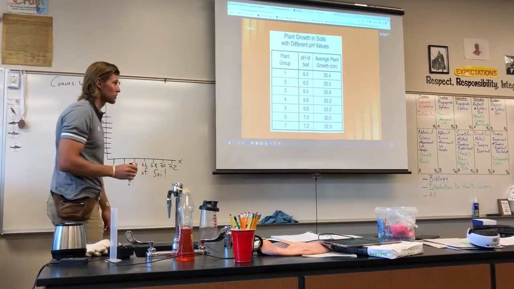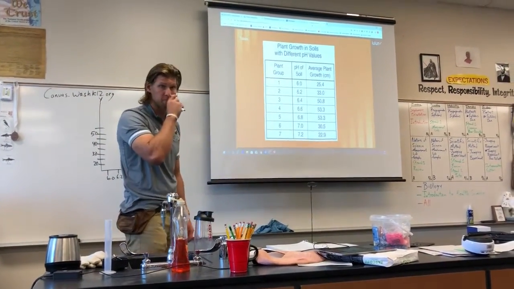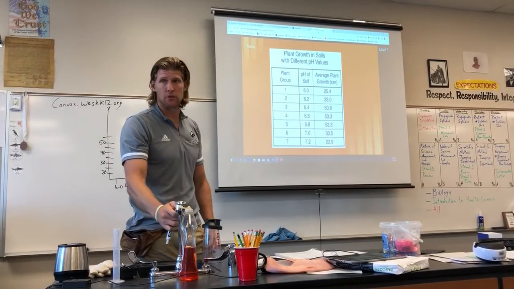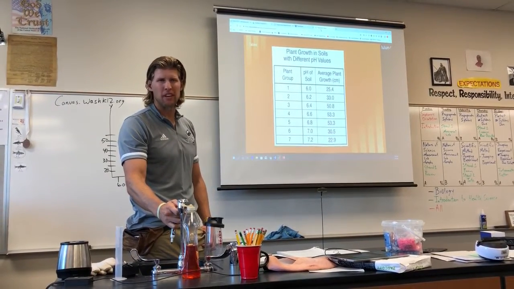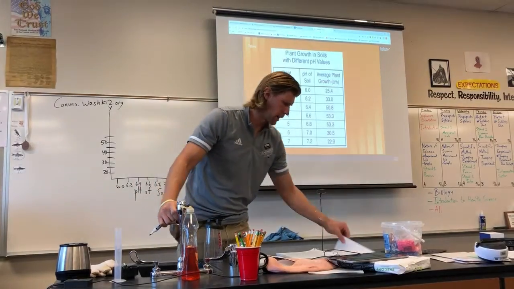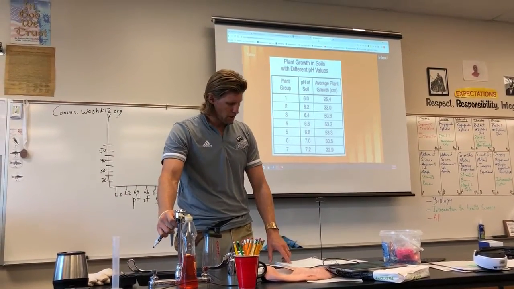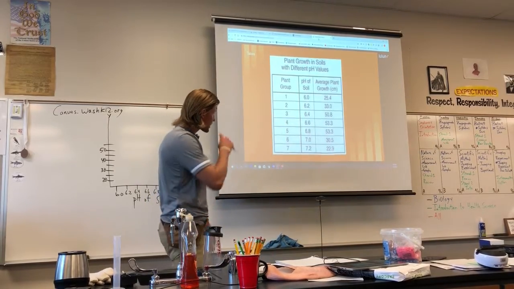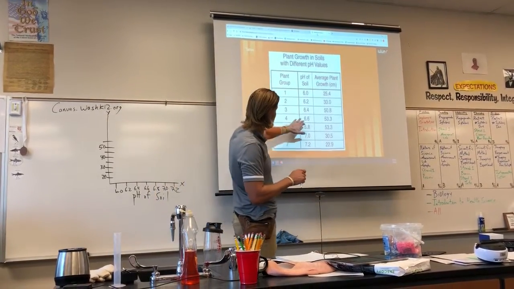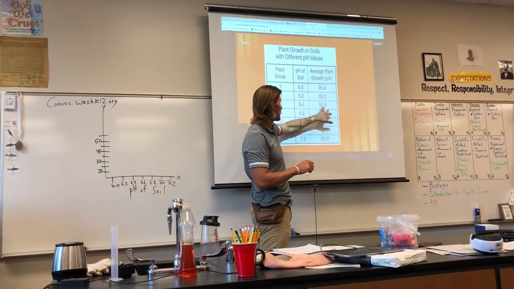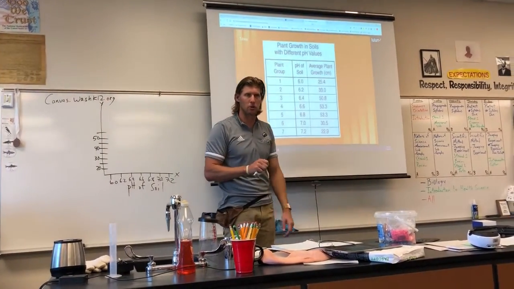Okay, what type of graph should I make out of this information? It's the average plant growth. Right, if I had a question like we did on our graph, predict the rainfall from a year with 4 centimeter growth ring using this graph. Okay, predict the pH you would need to get 50 centimeters of growth.